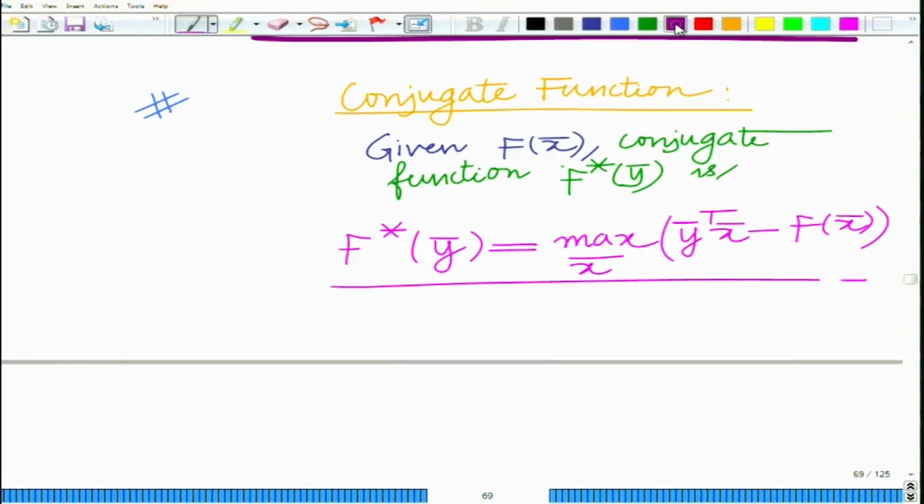It has a rather very interesting definition, and so this is the definition of the conjugate function. And the interesting aspect of this is this conjugate function is convex even when f of x bar, the original function, is not convex. This is an important aspect.